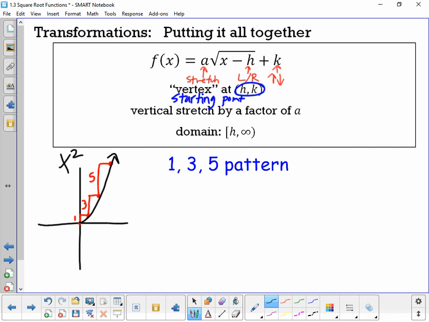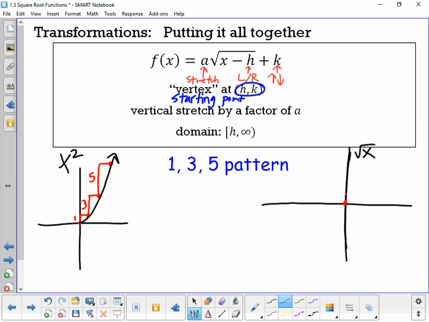The graph of a radical square root function has that same pattern in it. It's just that the shape of the square root is slightly different. It's reflected over that diagonal line. So instead of a vertical 1, 3, 5 pattern, we do it sideways.